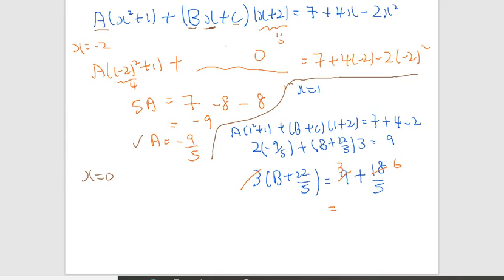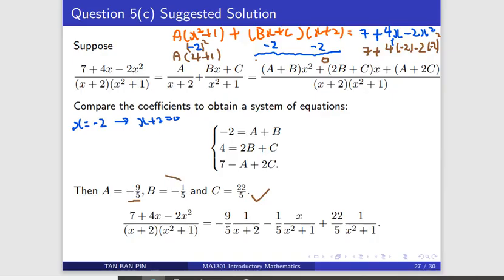So with that, you get 21 over 5, and b plus 22 over 5 equals 21 over 5. So b will be 21 over 5 minus 22 over 5, which is minus 1 over 5. And we can check if it's correct. b is minus 1 over 5.